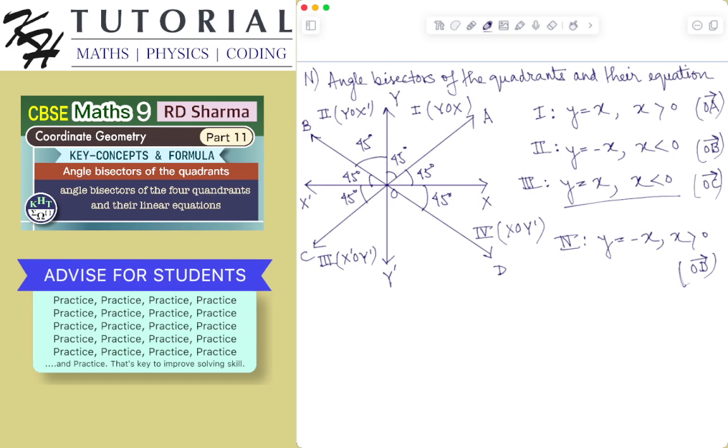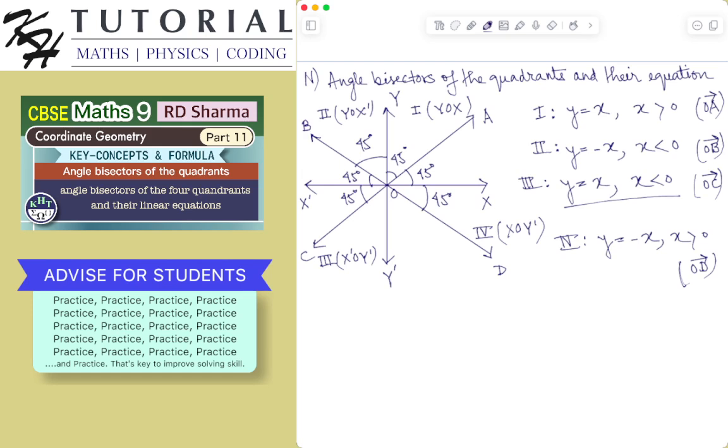As we know, in the first quadrant, both abscissa and ordinate of all points are greater than 0. So obviously for all points lying on the angle bisector of the first quadrant also, the abscissa and ordinate must be greater than 0.